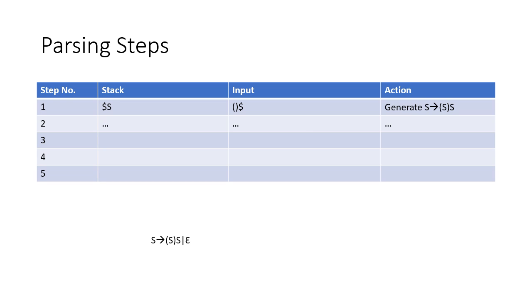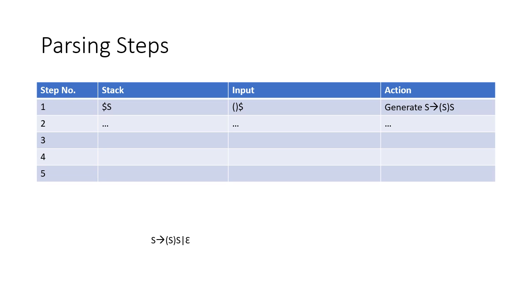In LL1 parsing, we create a table which looks something like this. The parsing steps, we are listing out here. The first column is the step number. This just lists out serially the steps so that we can refer to them later. Then next comes your stack. The second column shows the contents of your stack.